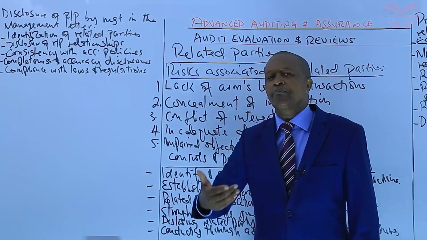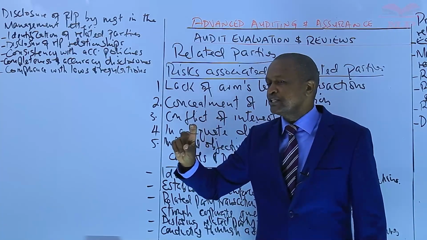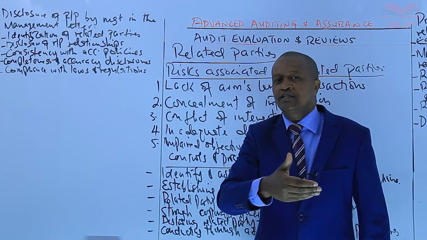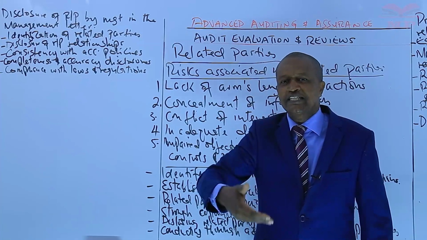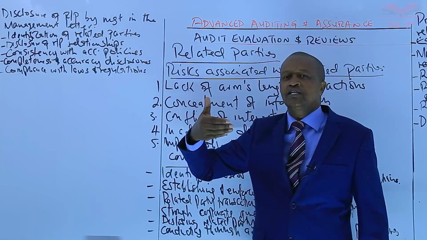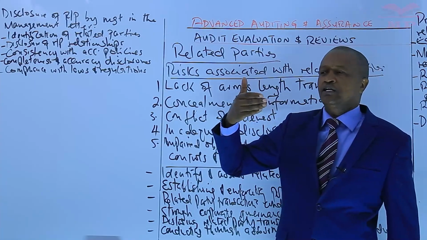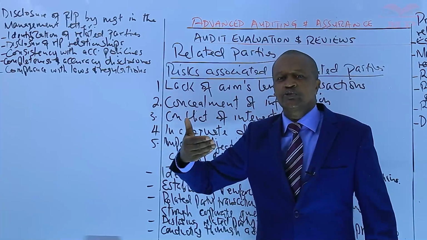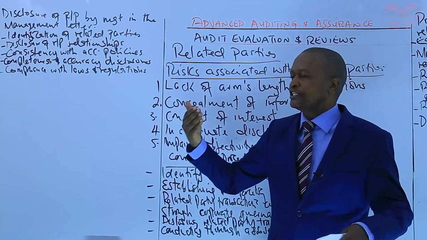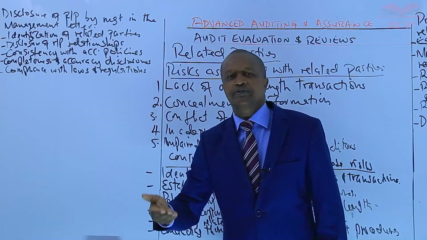And I've said that by including the related party disclosures in the management representation letter, management confirms its responsibility for identifying transactions, for identifying relationships, as far as related party transactions and relationships are concerned.